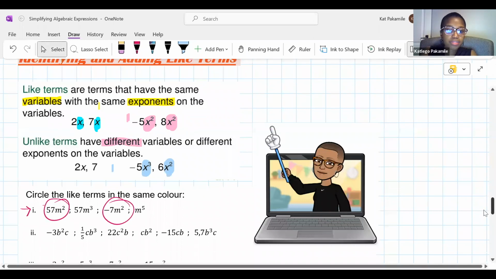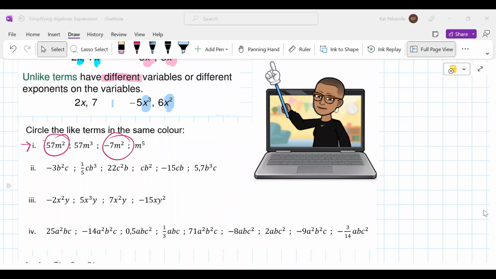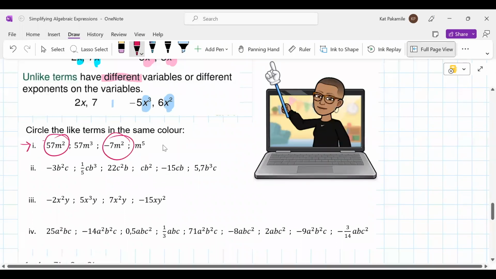Let's deal with number 2. Which ones are the like terms in number 2? Let's see whose hands are up. Palisa. Ma'am, the like terms in number 2 are negative 3b to the power of 2c and 5.7b to the power, no, and 22c to the power of 2b.